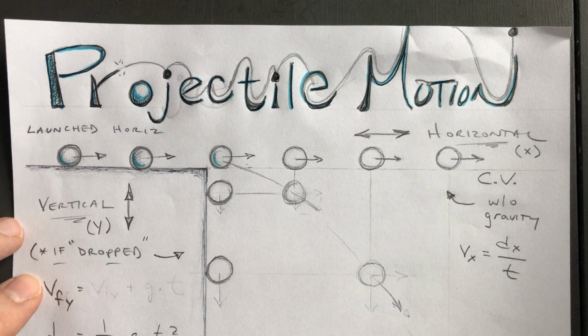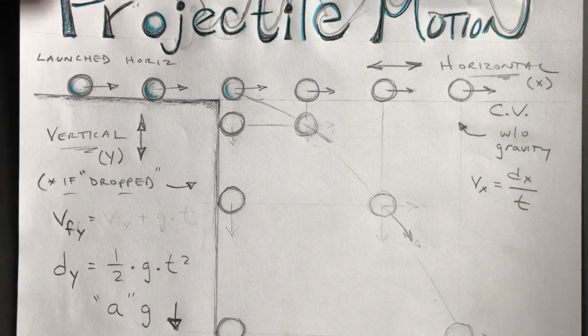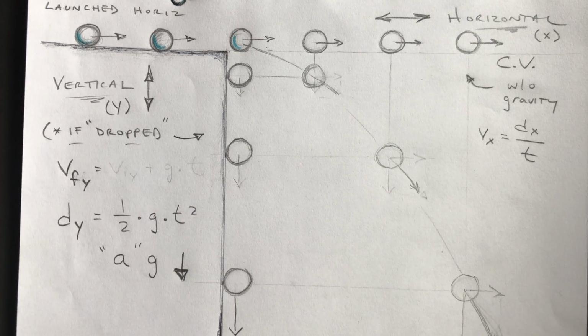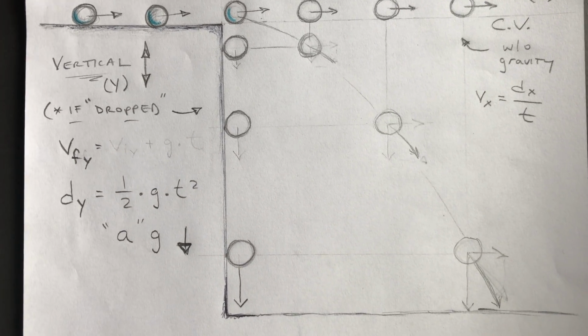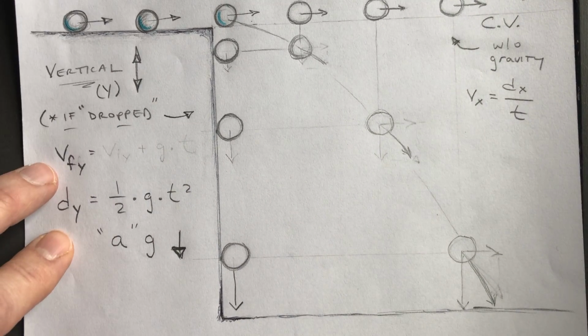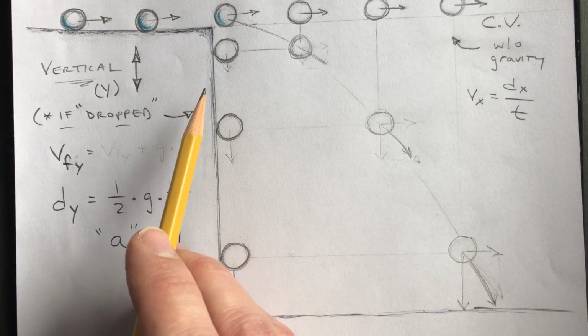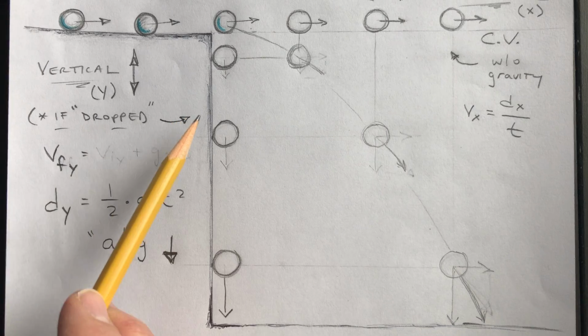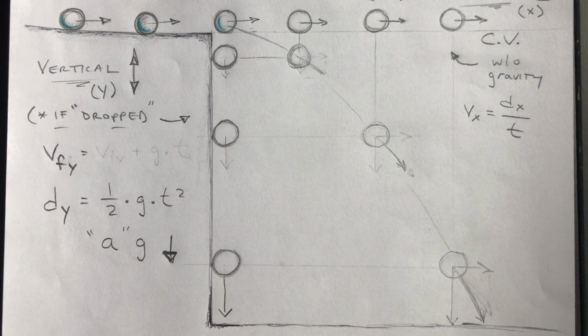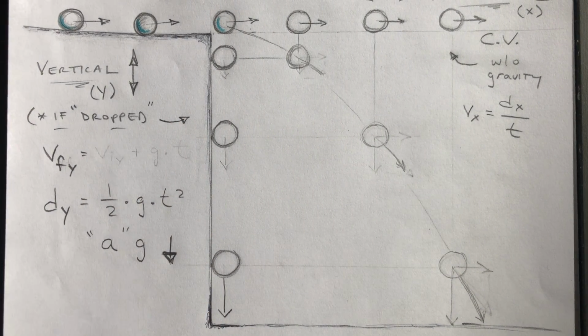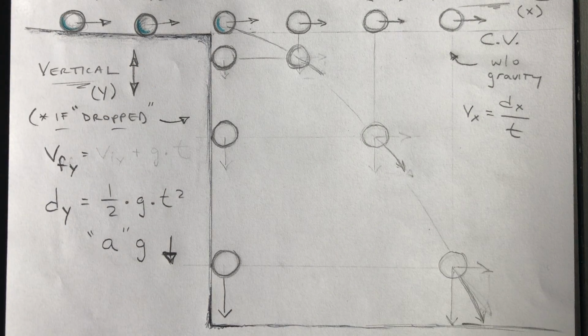Now what happens vertically? What happens if it falls vertically? Well, as far as vertical motion goes, it's almost like we were dropping it. So if we were to drop the ball, you would see that the ball would actually fall greater and greater distances as it fell, due to the fact that gravity is pulling it down.